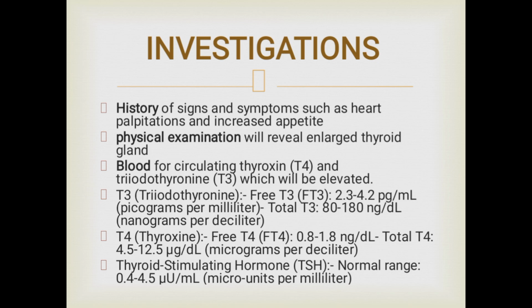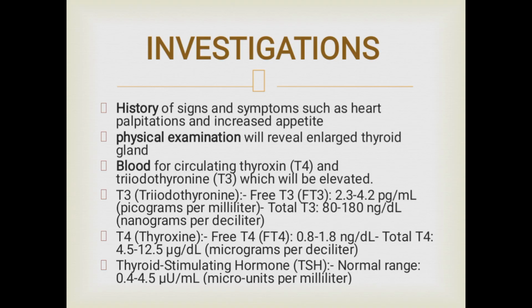They will be elevated. The normal level of T3 should be in the range of 2.3 to 4.2 picograms per millilitre. For T4, it should be 0.8 to 1.80 micrograms per deciliter. So those are the normal ranges.